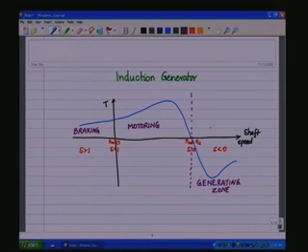So here, if we take that this is the operating point for the motoring, let us say this is the operating point that we would like to choose on this portion of the curve, and for the generator we would like to choose this portion.